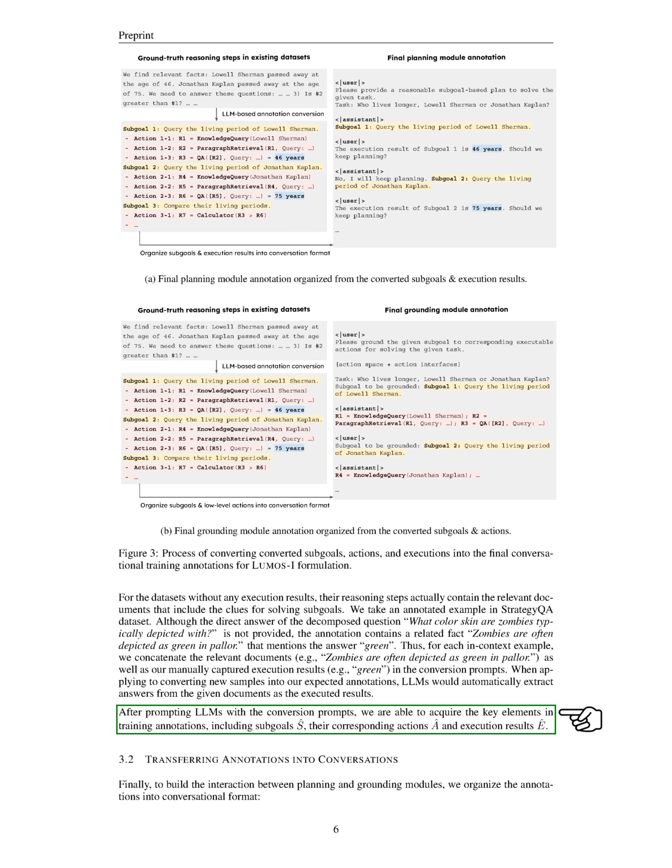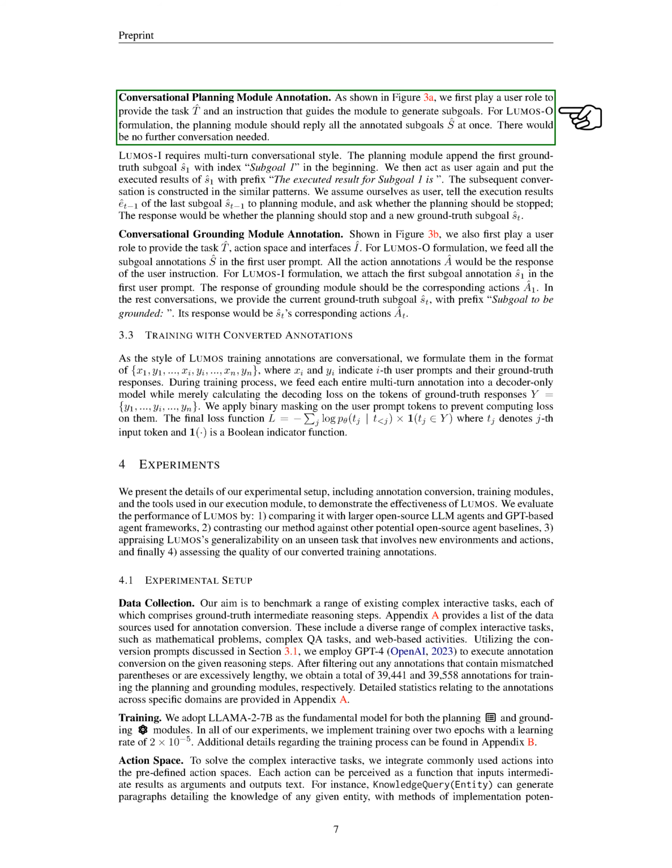After prompting LLMs with the conversion prompts, we can obtain the key elements in training annotations, including subgoals, S-hat, their corresponding actions, A-hat, and execution results, E-hat. We also use a conversational grounding module annotation. In this process, we first play the role of a user to provide the task, T-hat, action space, and interfaces, I-hat.